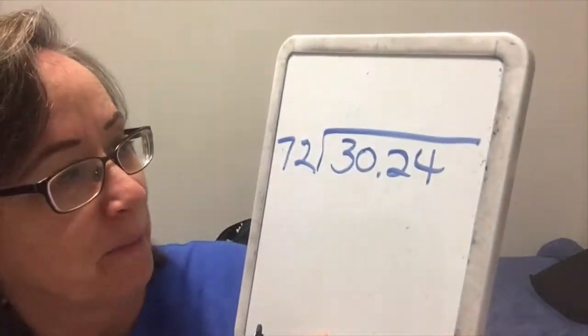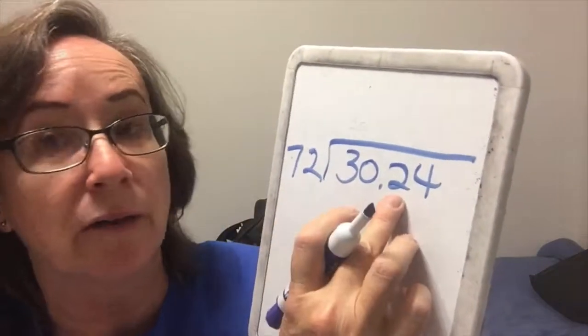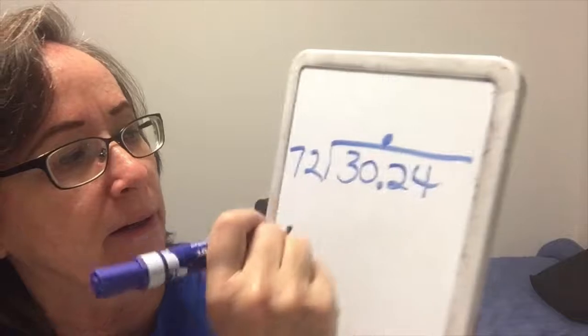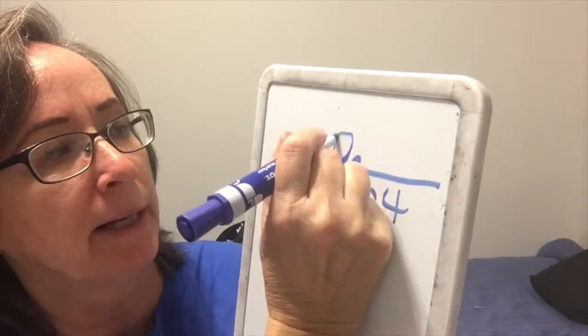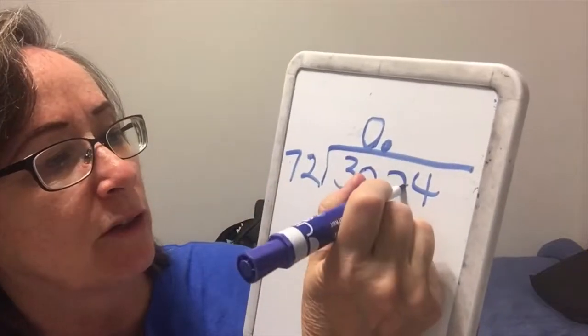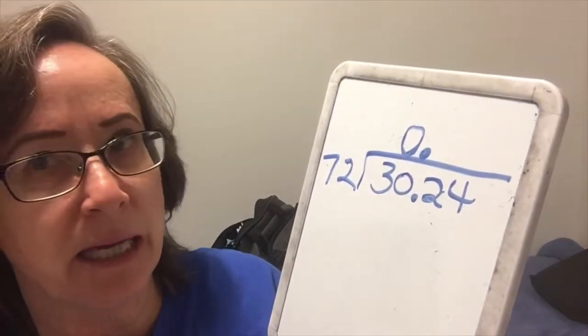And here we go. Okay, 72 does not go into 30, but 72 will go into 302. So we're going to go ahead and put our decimal up here and just put a 0 up here because it did not go in at all. So now 72 goes into 302. Let's say maybe 4 times.